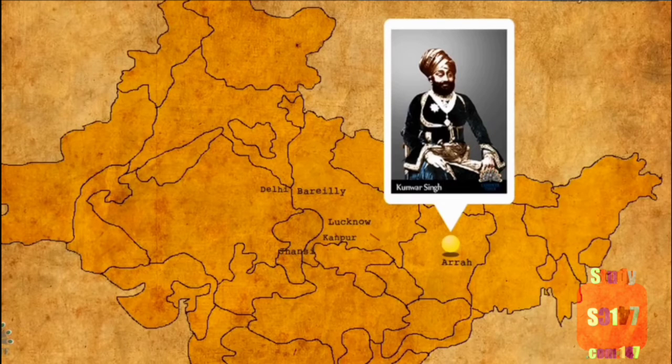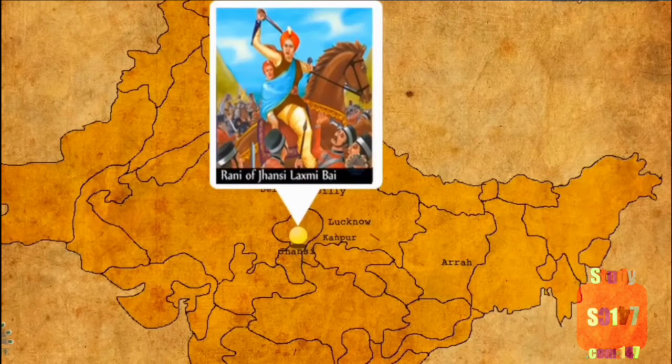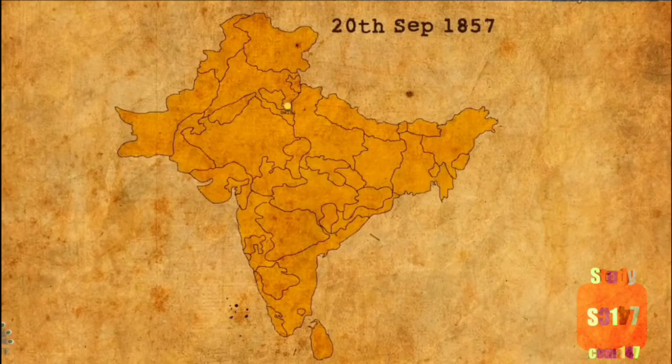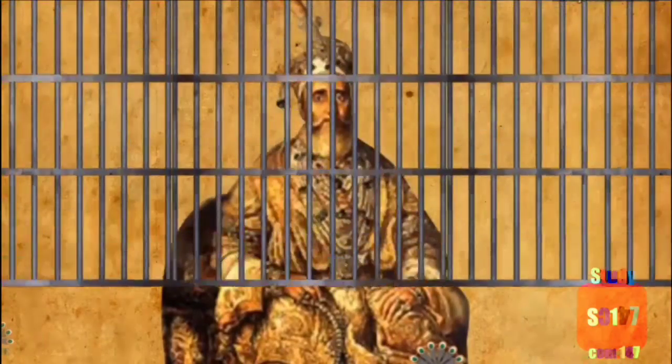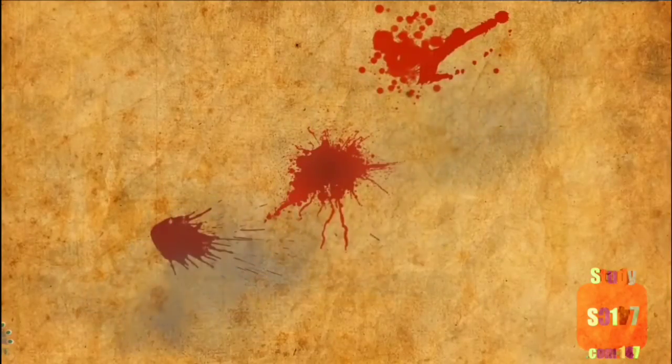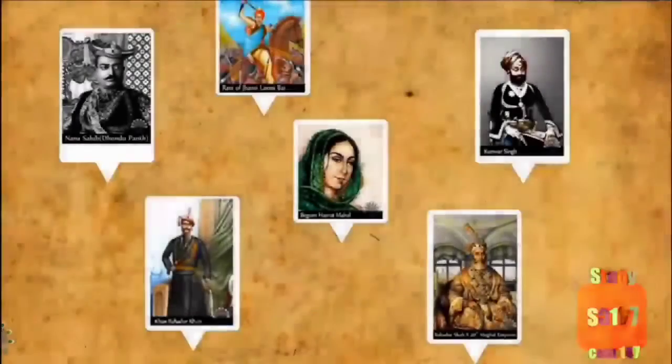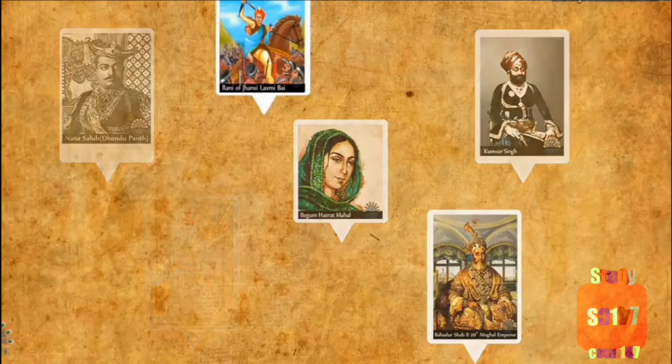Rani Lakshmi Bai offered a stiff resistance to the British, but she was finally defeated at Gwalior. The British captured Delhi on the 20th of September 1857. Bahadur Shah was taken as a prisoner and the royal princes were captured and shot dead one by one. The great leaders of the revolt fell.